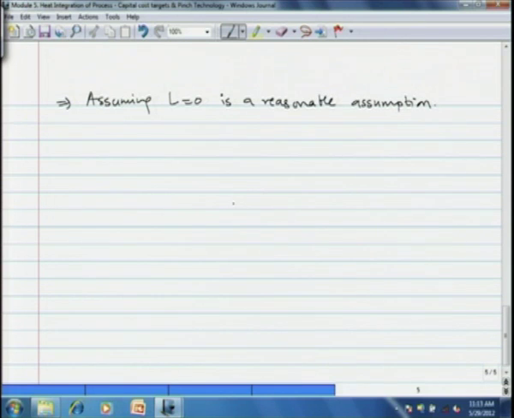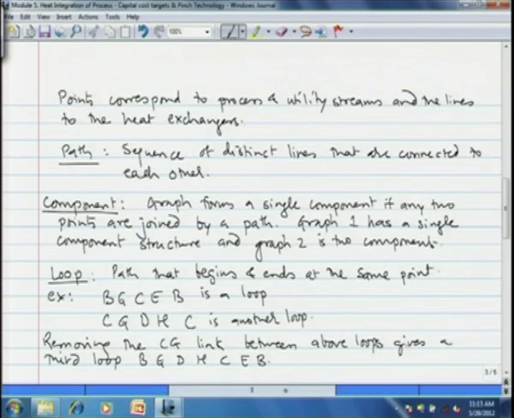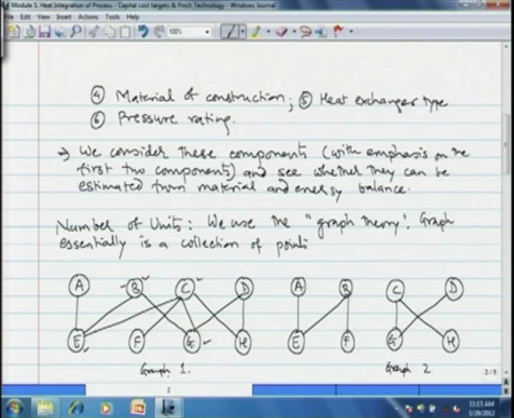However, if the network has 2 components, then the heat duties for streams A and B must exactly balance the duties for streams E and F, and the same holds for streams C and D and G and H. So, these are rather unusual. If you see the second graph, A and B are hot streams and E and F are cold streams, but there are two components.